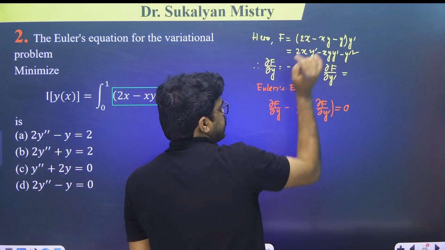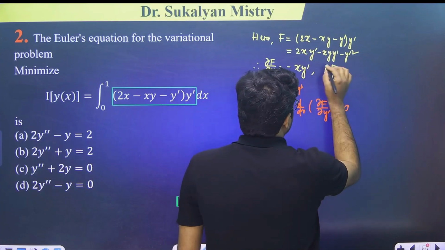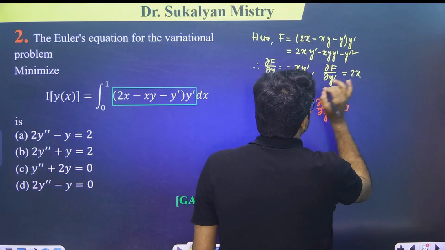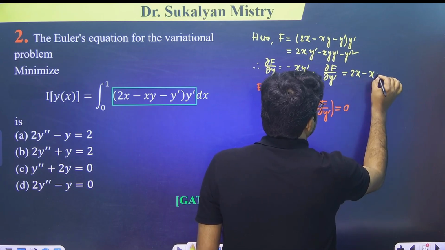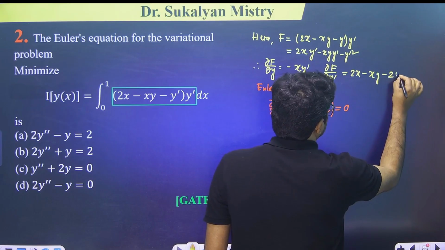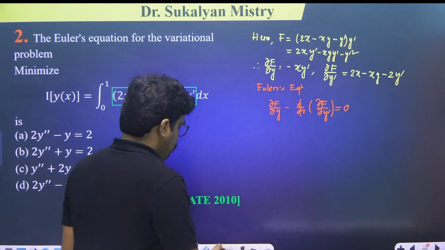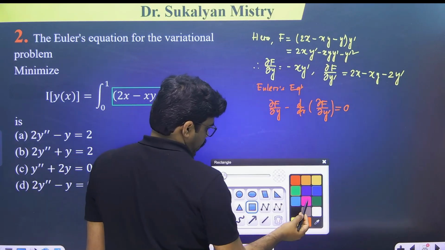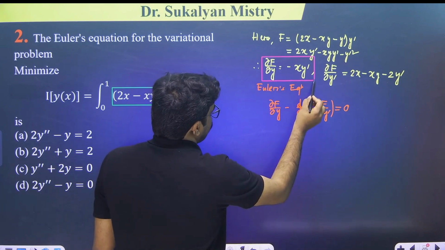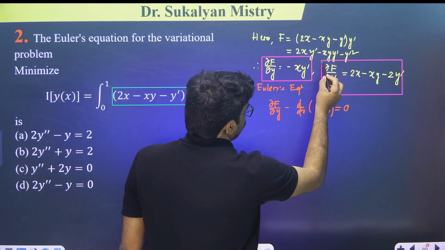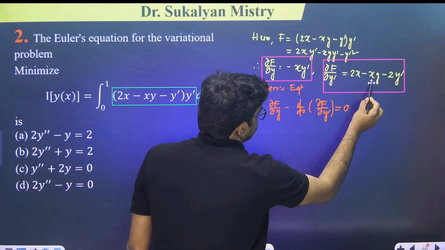So now x and y are constant, so this will be 2x minus xy minus 2y dashed. Is it clear? Okay, so this is del f/del y and this is del f/del y dashed.